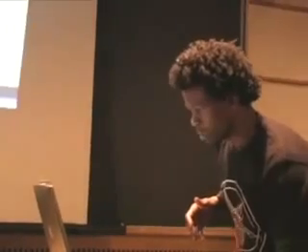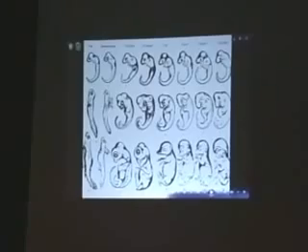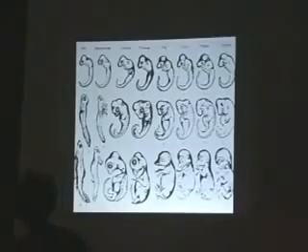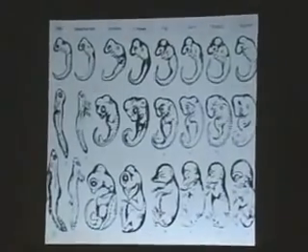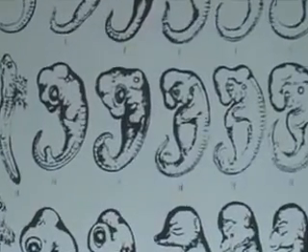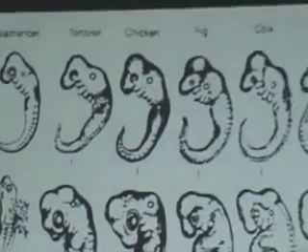And here's that image right here. This is zygote. That's human. If you look at it, it shows our relationship to life. We no different from any other species of being on the planet.